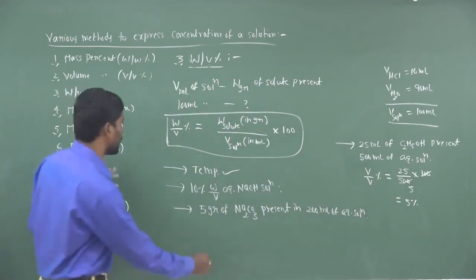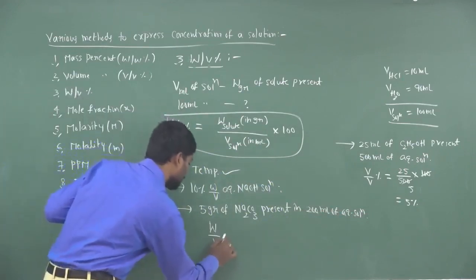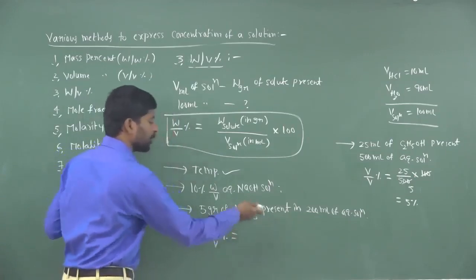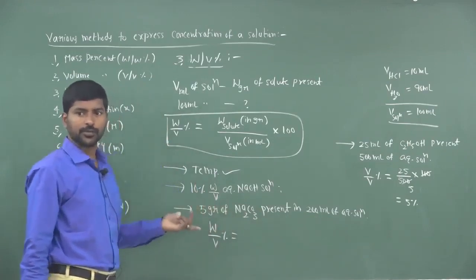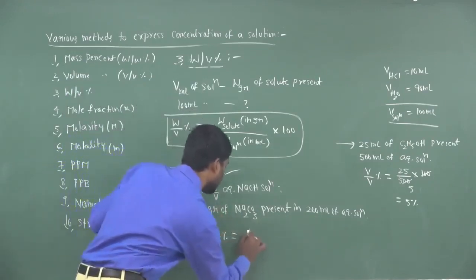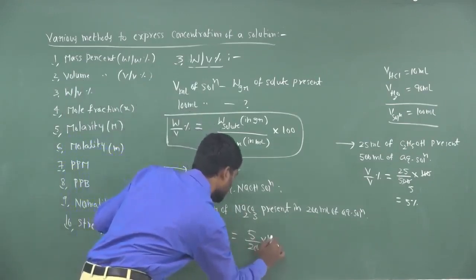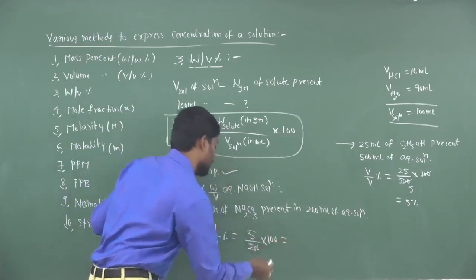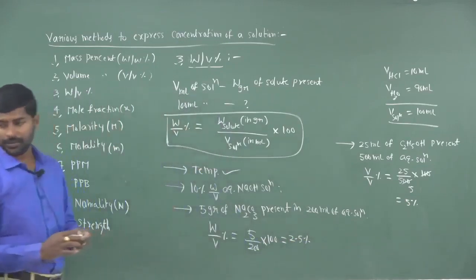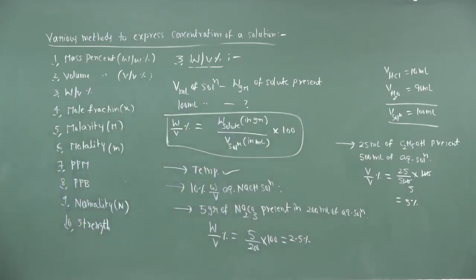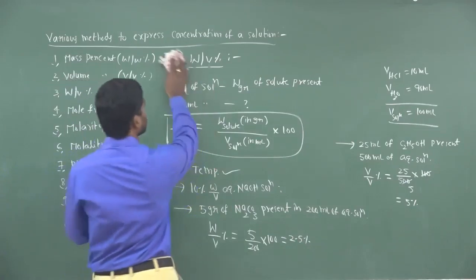What is its weight by volume percentage? In 200 ml, 5 grams means in 100 ml how many grams? 2.5 grams. So its weight by volume percentage is 2.5. Otherwise 5 by 200 into 100, so we get 2.5 percent. So this is weight by volume percentage.